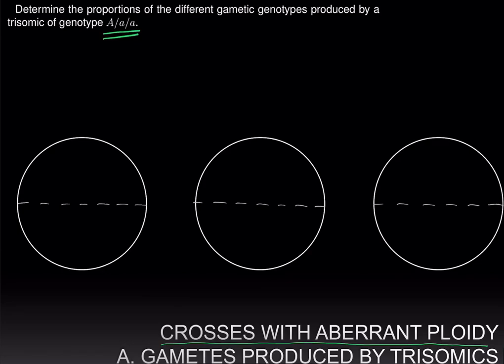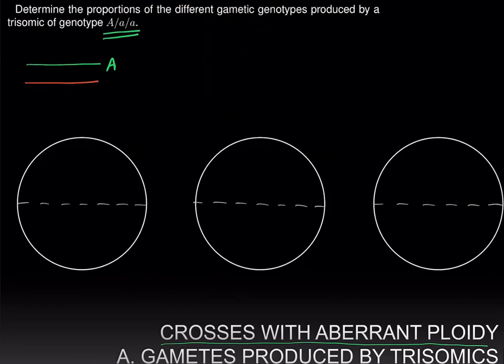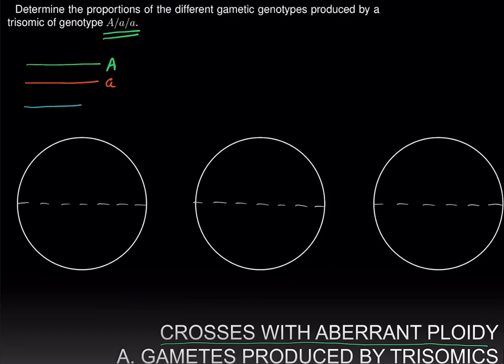And so we have three chromosomes here: a big A chromosome in green, a little a chromosome in orange, and a second little a chromosome in blue.